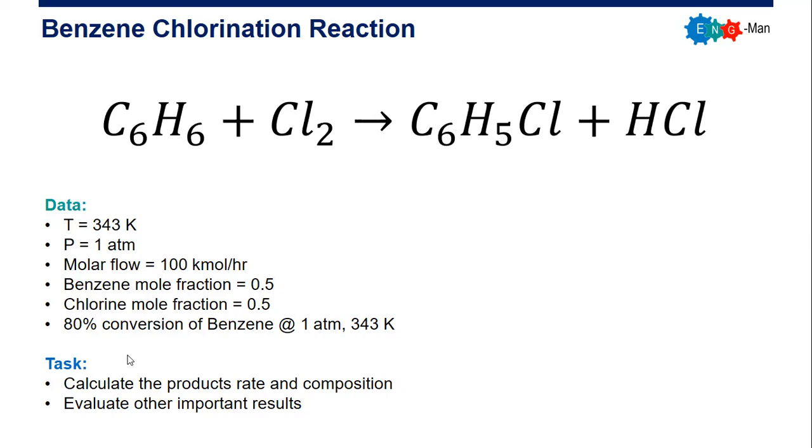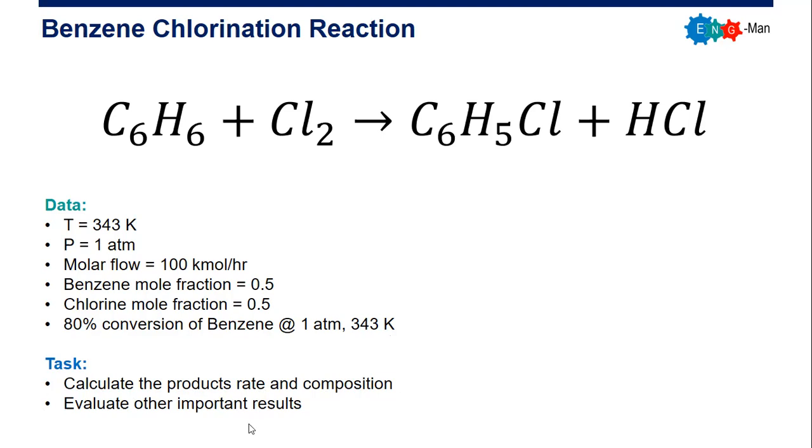The reaction will have 80% conversion of benzene at these pressure and temperature conditions of the reactor. And our task is to calculate the product's rate and composition, all right, the effluent of the reactor, and we need to evaluate other important results.